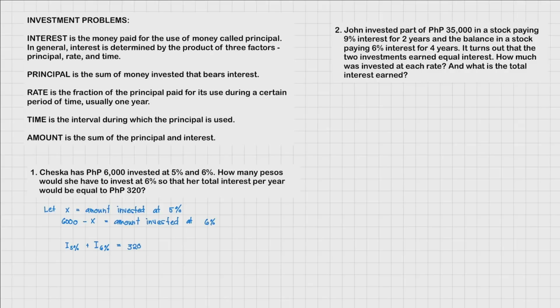So we could rewrite this in terms of our amounts invested. So let's say X, the amount invested at 5%, times 0.05 plus the amount invested at 6%, which is 6,000 minus X, and it is invested at 6%, so that's 0.06.